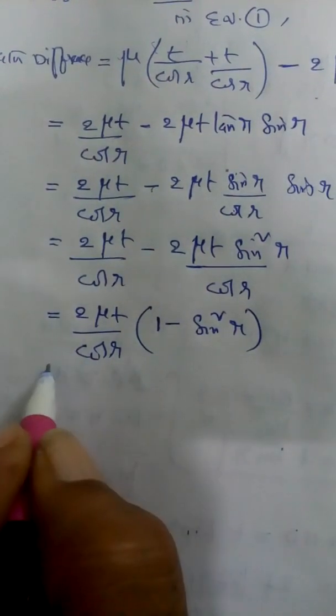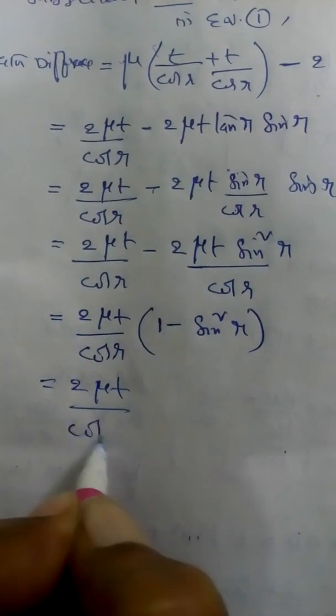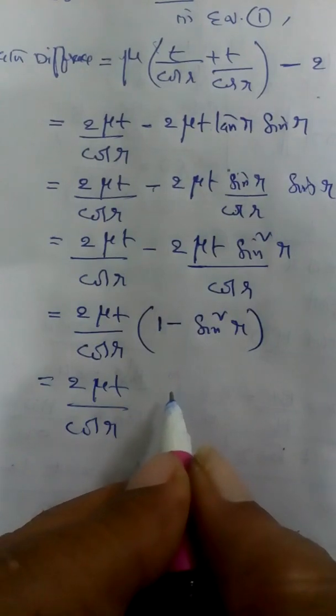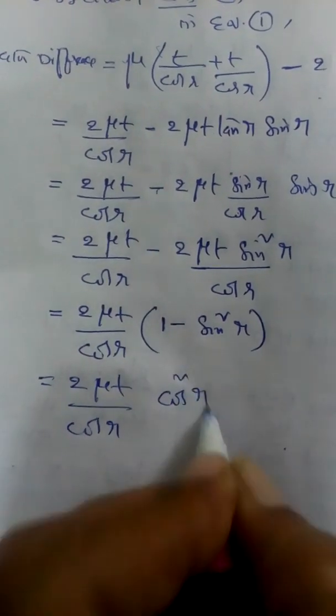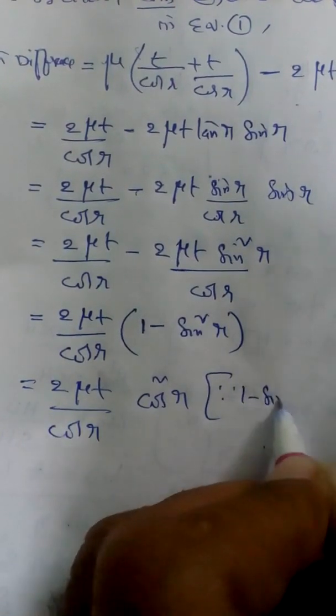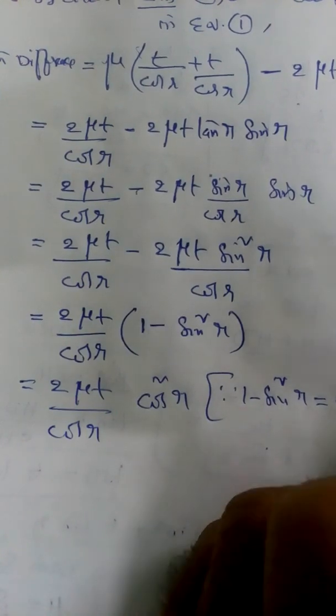Right. Now that is 2 mu t by cos r into 1 minus sin square r, which is cos square r, because 1 minus sin square r is equal to cos square r.